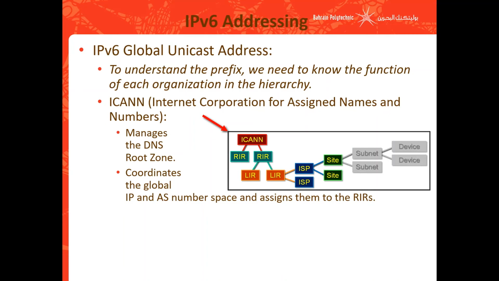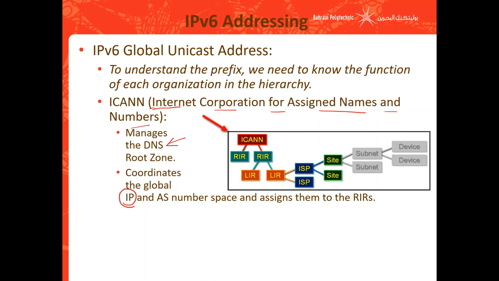Now, ICANN is the abbreviation for Internet Corporation for Assigned Names and Numbers. So they manage DNS root zones, or basically linking addresses with names. For example, www.google.com, what is the address that is linked to that particular name, things like that. And it coordinates the global IP and AS number space and assigns them to RIR. So they basically handle the addresses that are available.